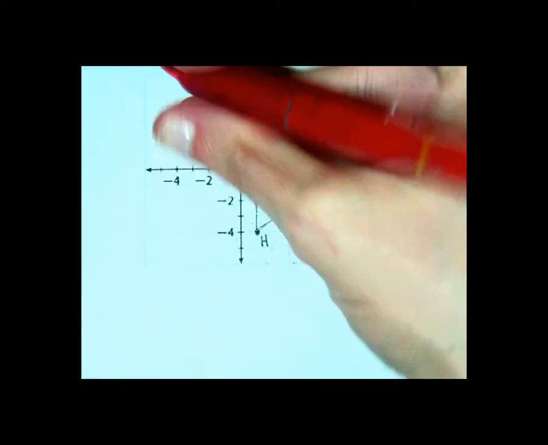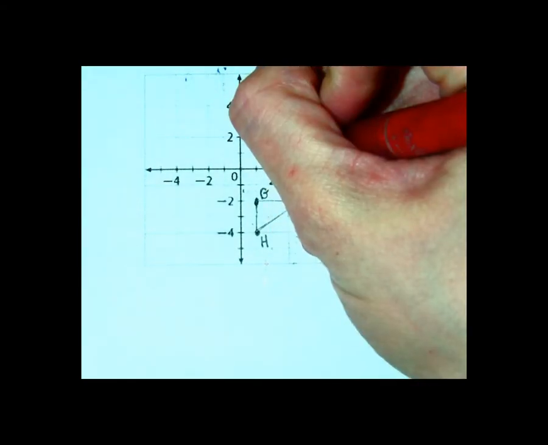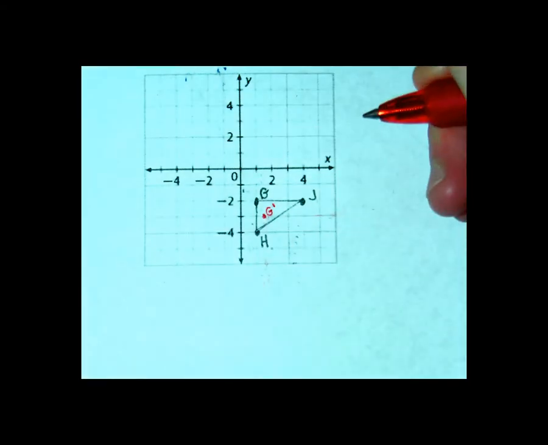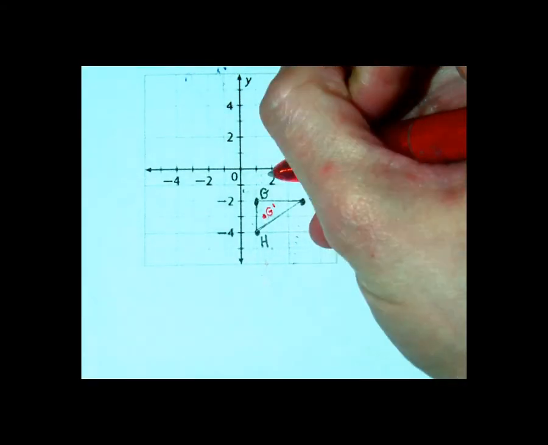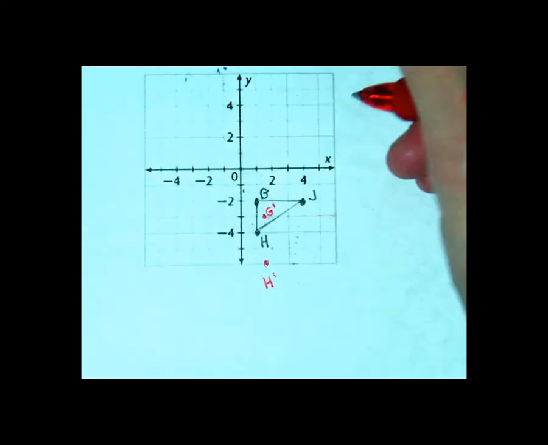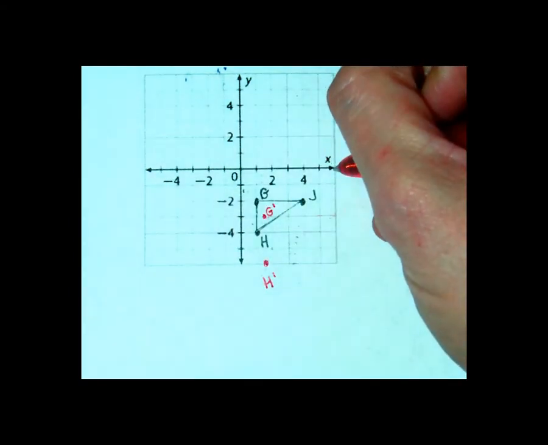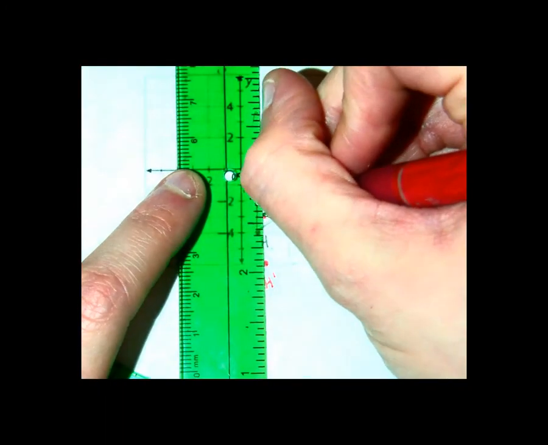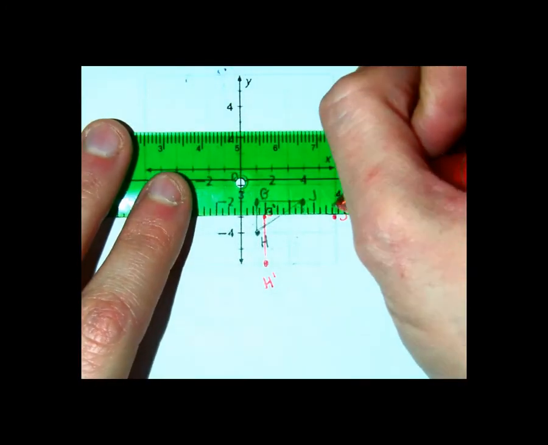So G prime is 1.5, negative 3. H prime is 1.5, negative 6. And J prime is 6, negative 3. So I've got my two figures.